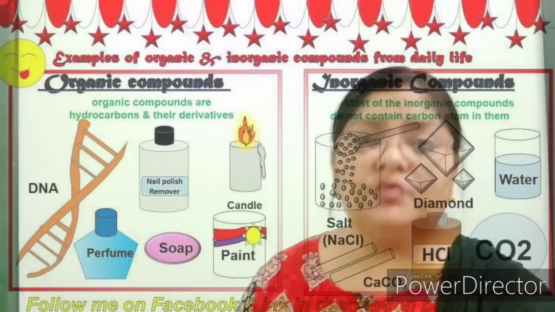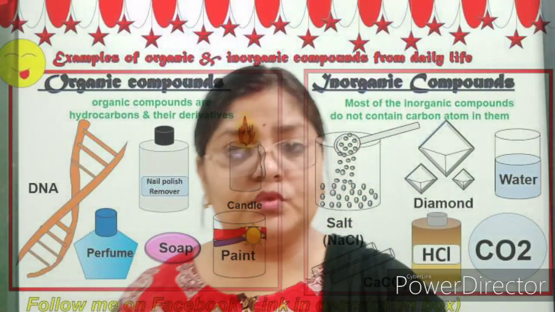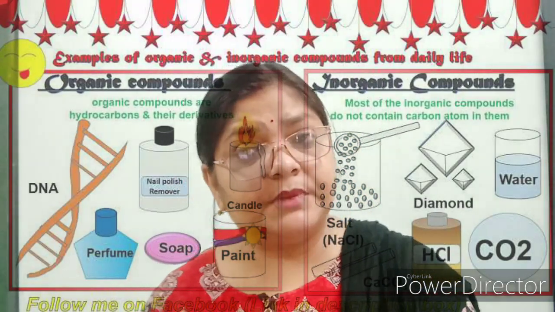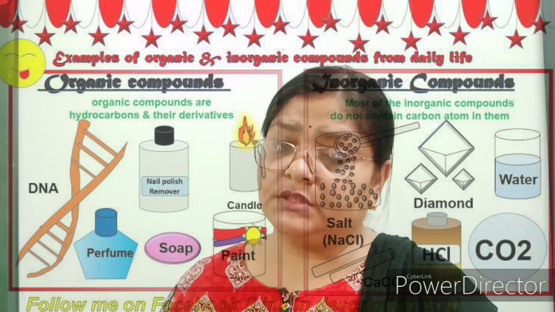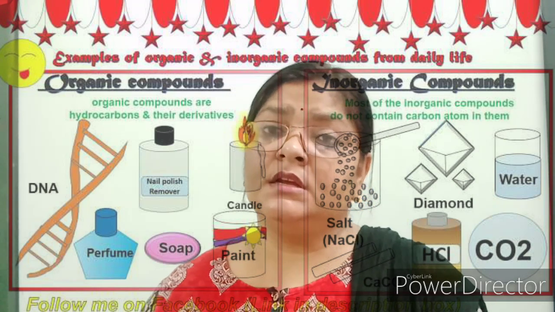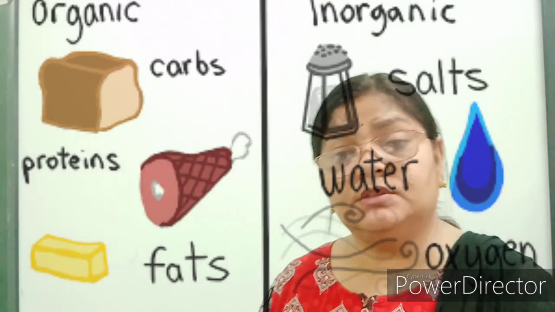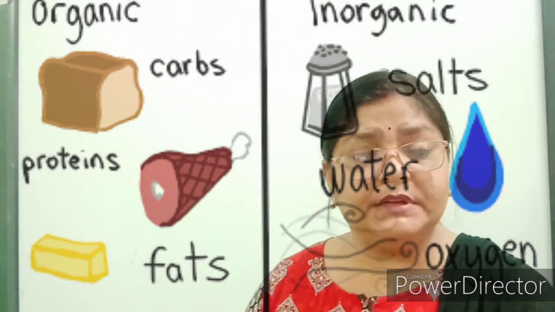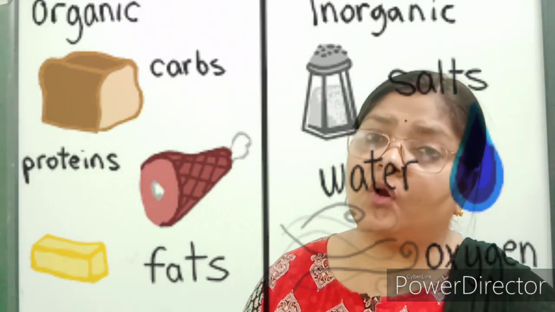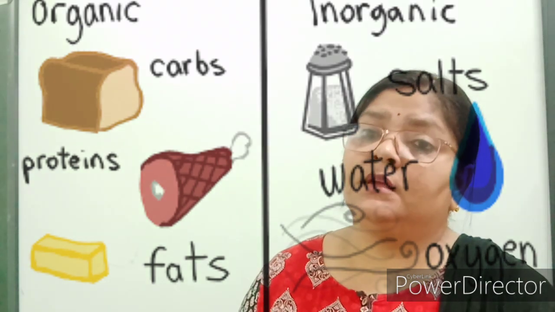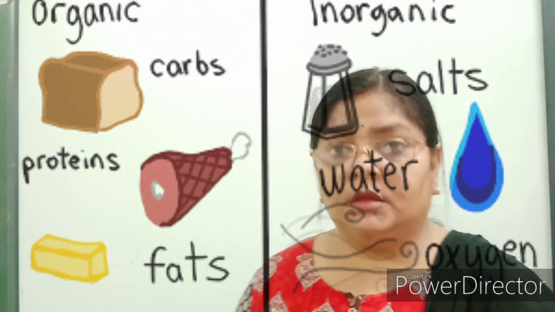For example, glucose, C6H12O6. Because carbon is present, combining with hydrogen and oxygen, it is an organic compound. Now talk about NaCl, sodium chloride. No carbon is present, so it is an inorganic compound.